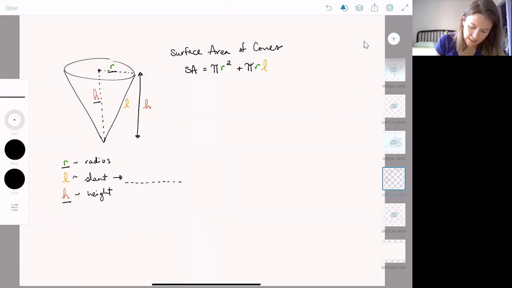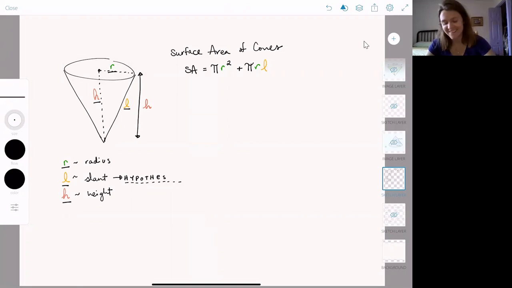And then lastly, a new variable L, which is our slant. Or in terms of Pythagoras' theorem, this is our hypotenuse, not our hypothesis, which is what I was going to write.